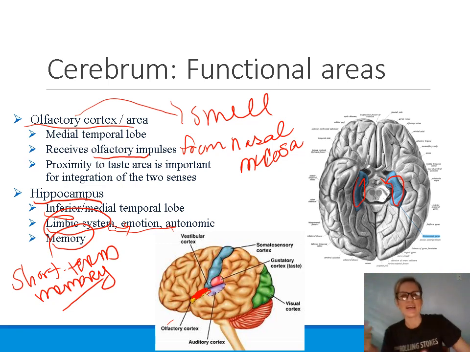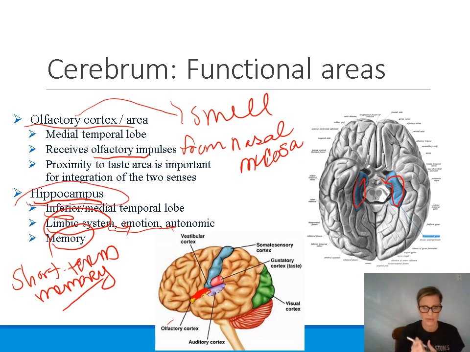And it actually looks as if, depending on the type of memory, it can be stored in different areas of the cerebrum. But that's long-term memory. Short-term memory, which is like being able to take in all of this stuff that's happening right now and convert it into something that you can recall an hour from now, relies heavily on the hippocampus.